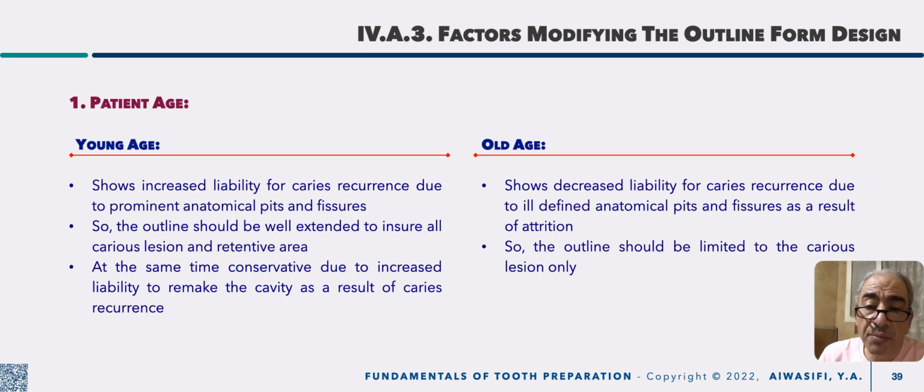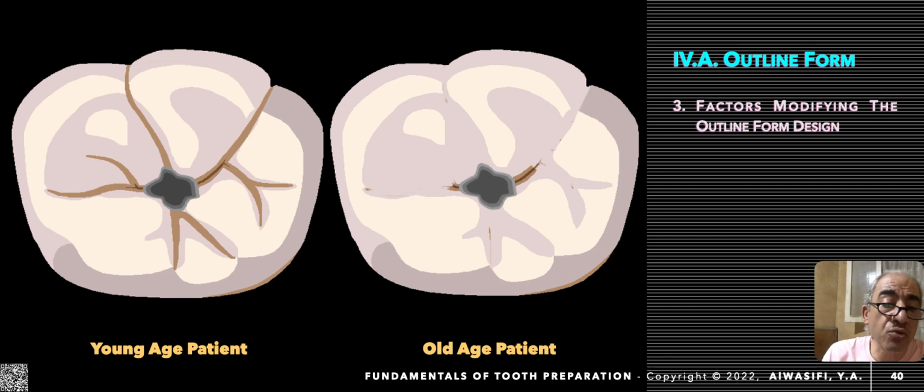In young patients, the anatomical features are obvious and well determined. That's why when you are designing class 1, you should involve all pits and fissures.